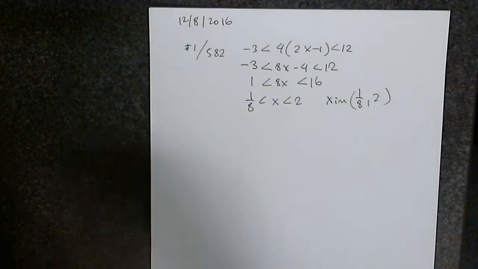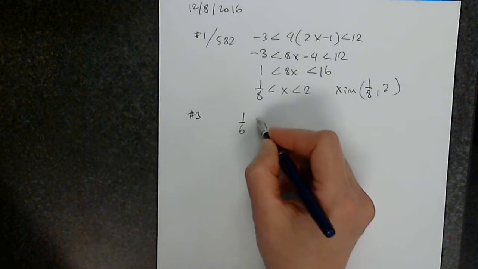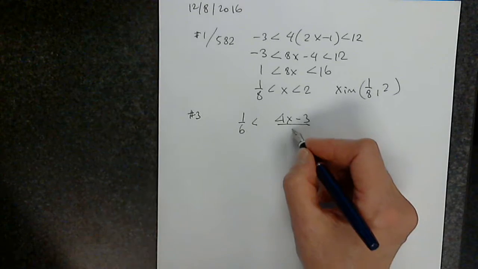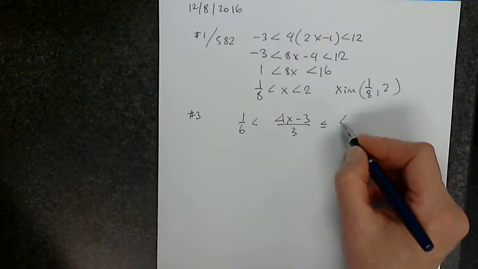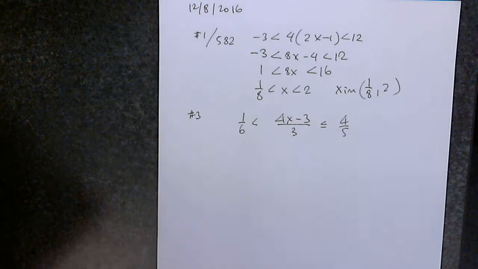Next problem, let's say number 3. 1/6 less than 4x minus 3 over 3 less than or equal to 4/5.